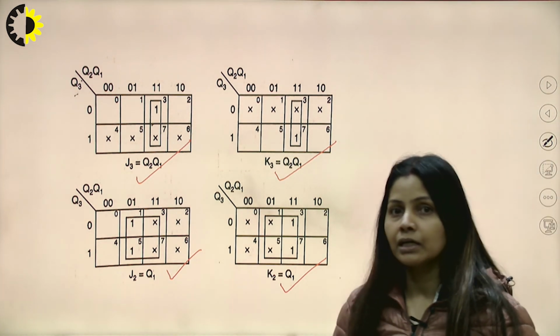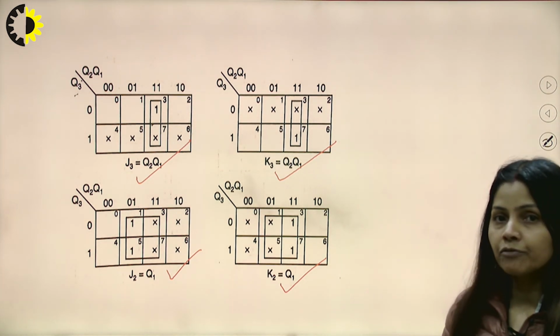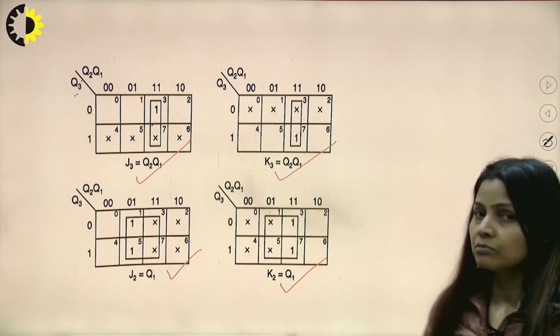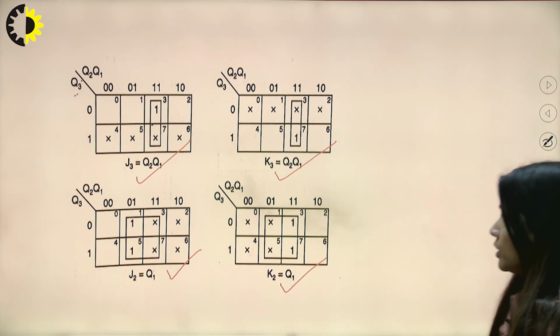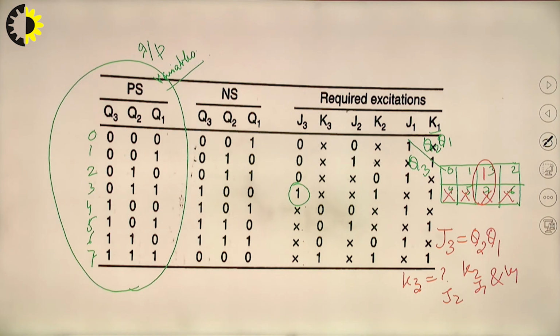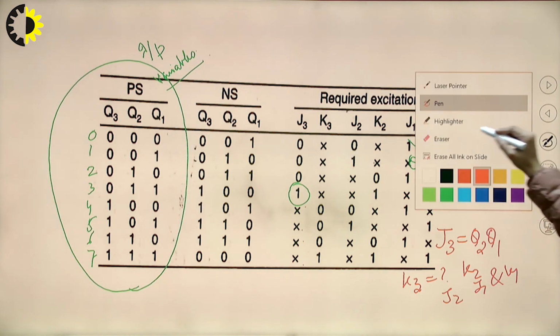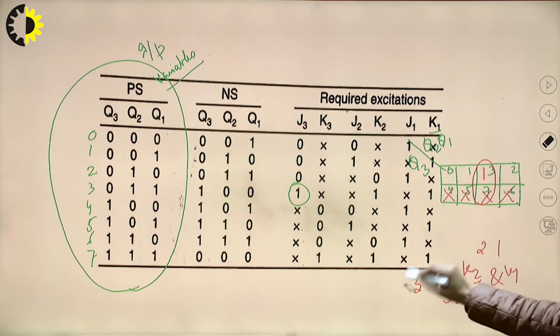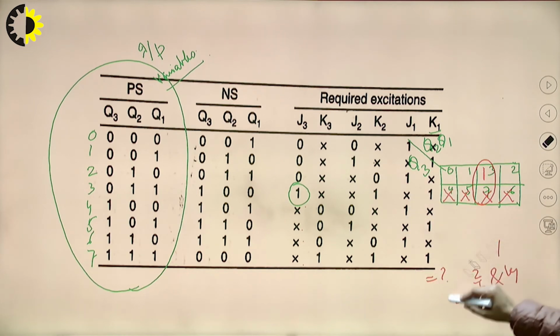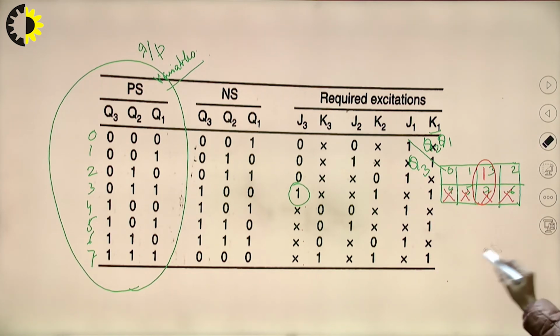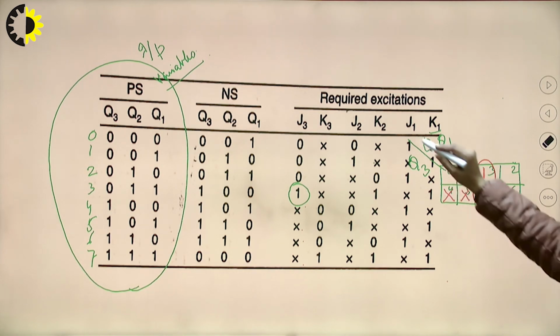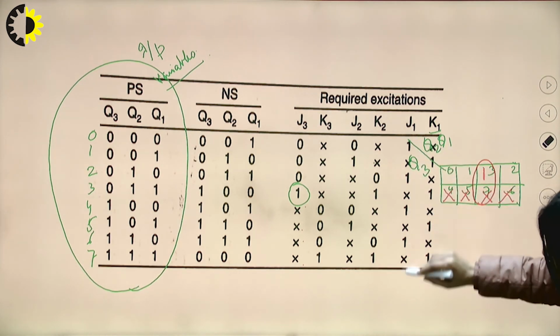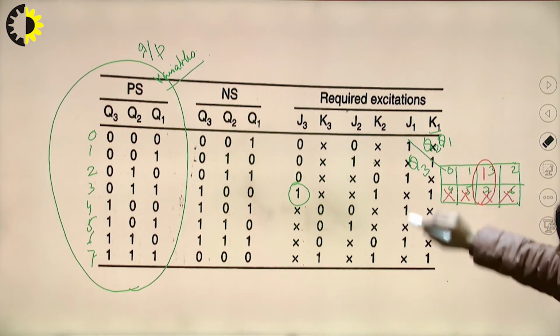Okay, so all the flip-flops are ready now, and if we fill for J1 and K1, you must be thinking we have not made for J1 and K1. So let us check it also. See here, if you see the truth table carefully, all the entries are being filled. All the crosses, all the ones.